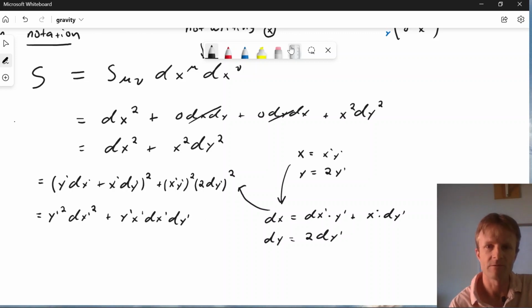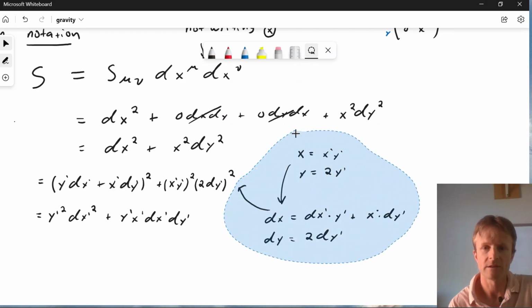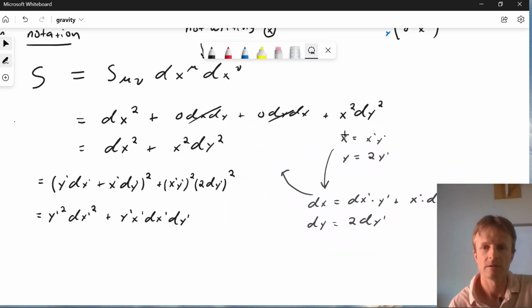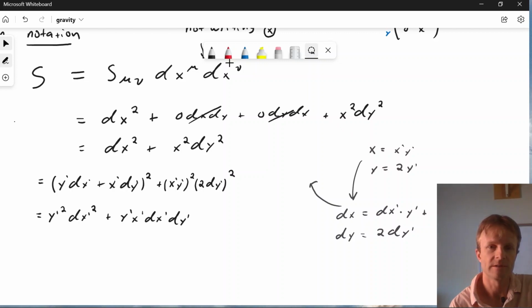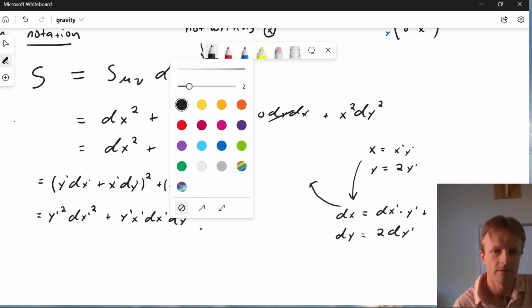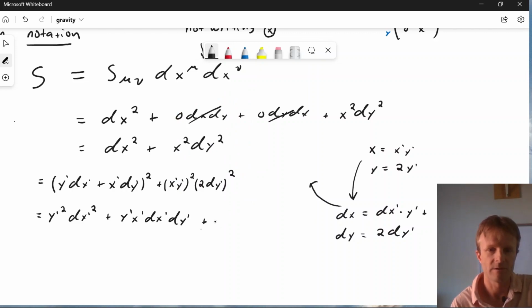Let me move some stuff out of the way so we have more room for our calculation. Okay, we're just simplifying now. So now we also have the term y prime x prime dy prime dx prime, and we have the term x prime squared dy prime squared.